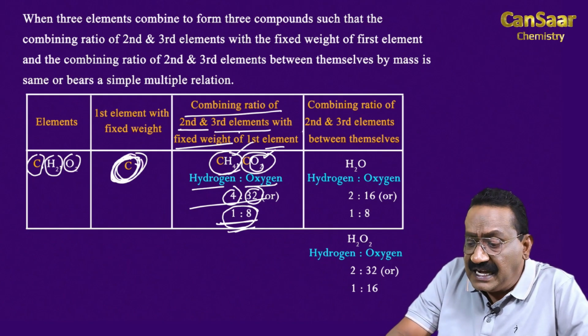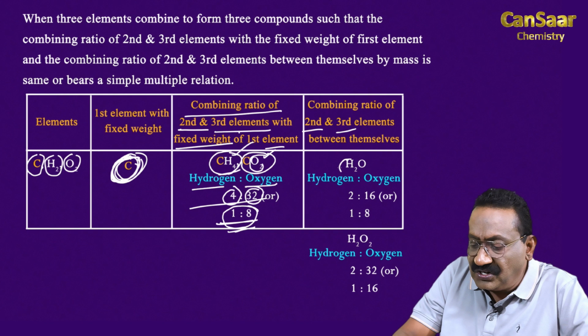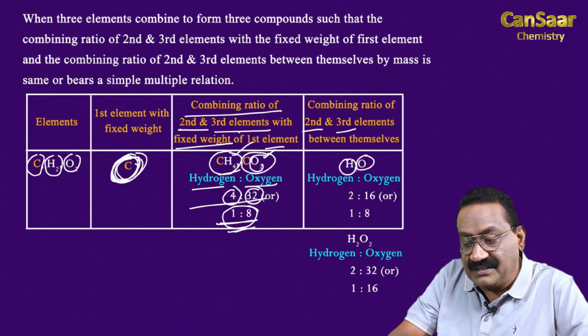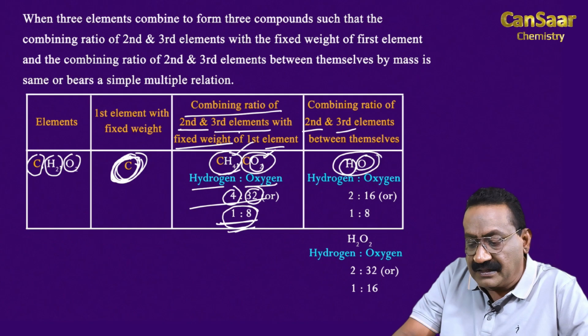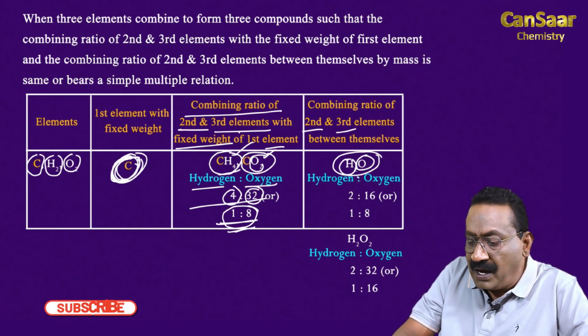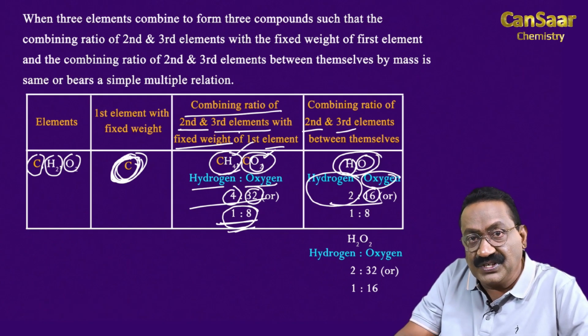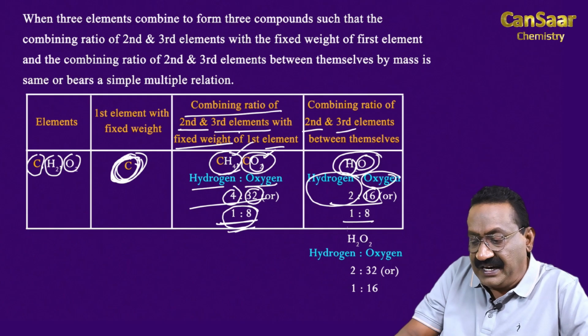Then the second and third elements, hydrogen and oxygen, combine between themselves forming water. Here in water, the mass of hydrogen H2 is 2 units and O's mass is 16 units. So, the combined ratio between themselves is 2:16, that is 1:8.